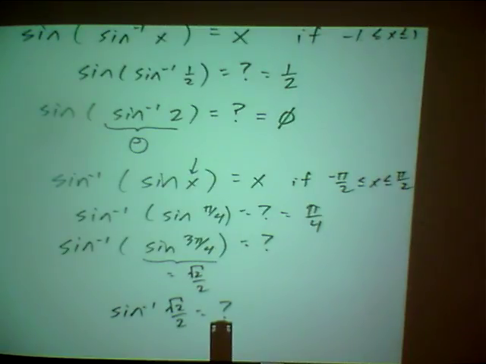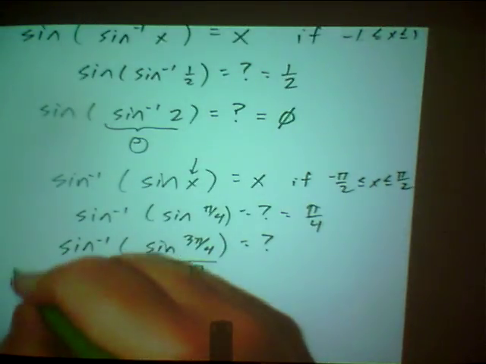And I'm realizing that since I'm taking an inverse sine function, I have the limitation that the angle I come up with has to be between negative pi over 2 and pi over 2. We just talked about inverse trig functions. You can't just give any answer. It has to be within a certain interval.